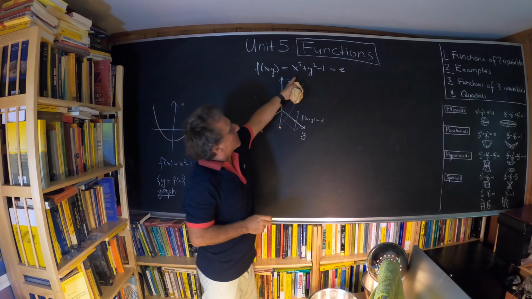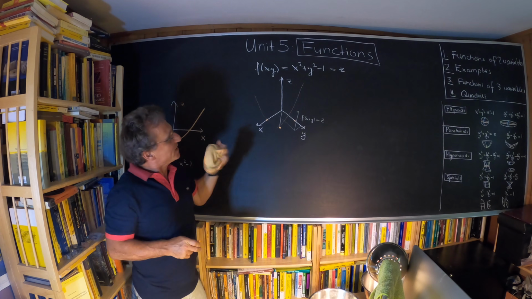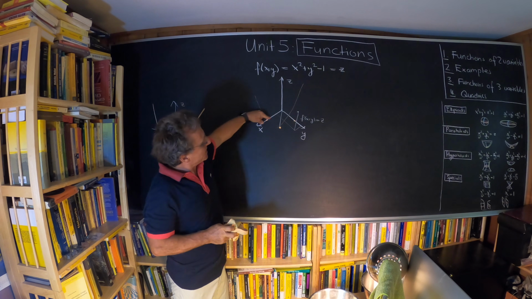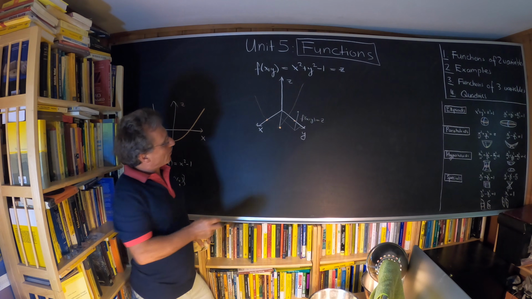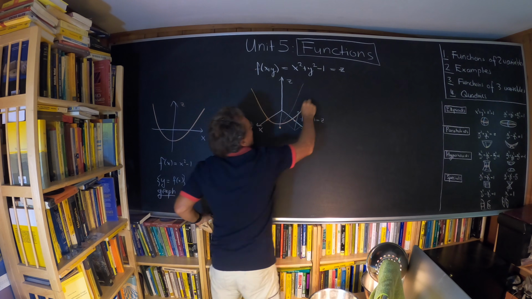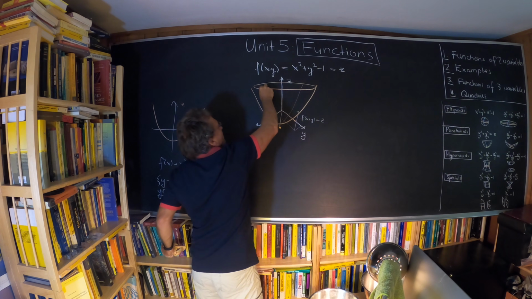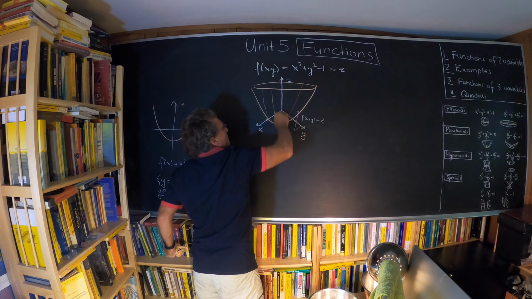And if we draw that, it depends only on x squared plus y squared, which means it only depends on the distance to the origin. So what happens here is that we get a graph. It looks like that.